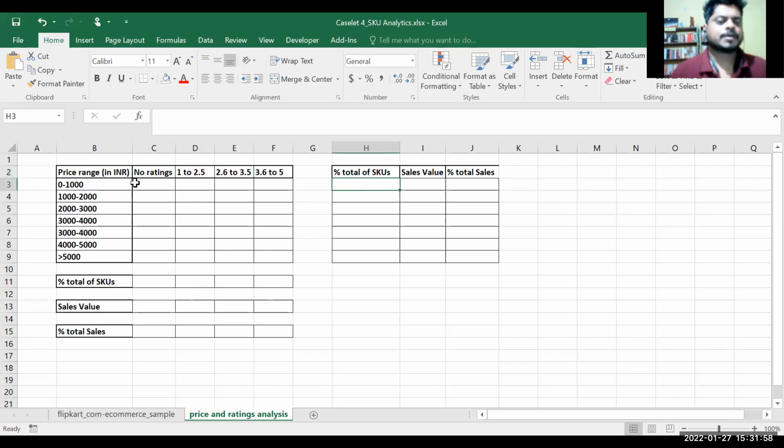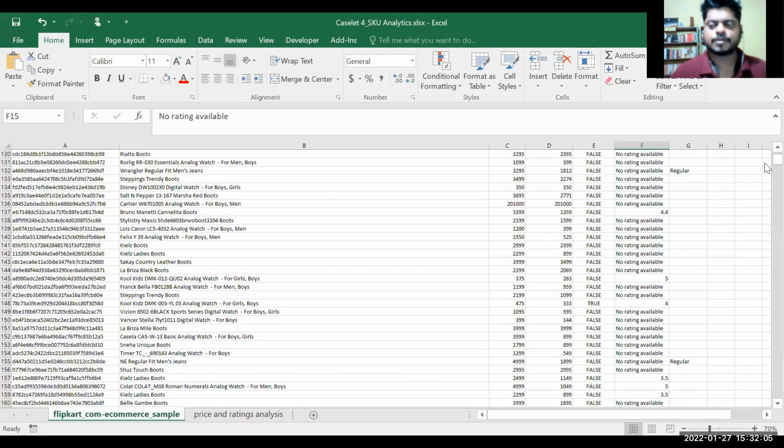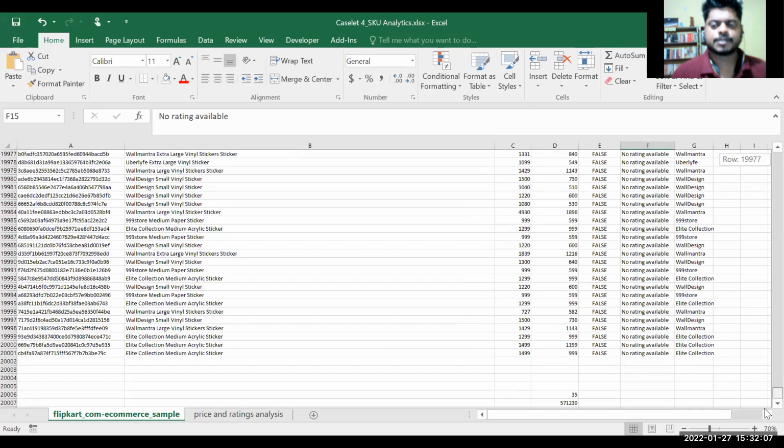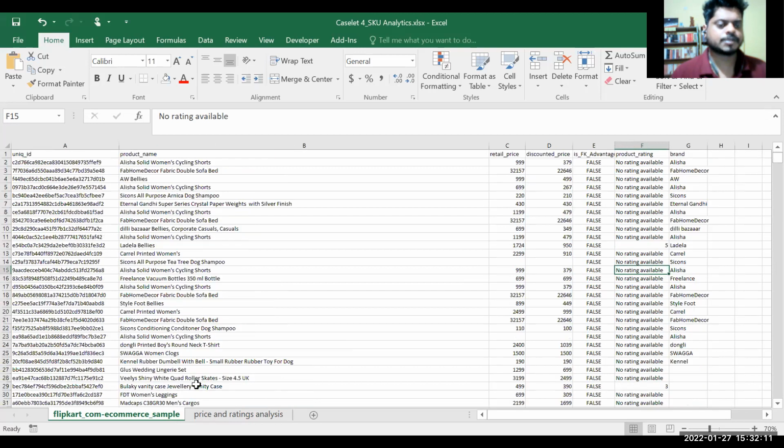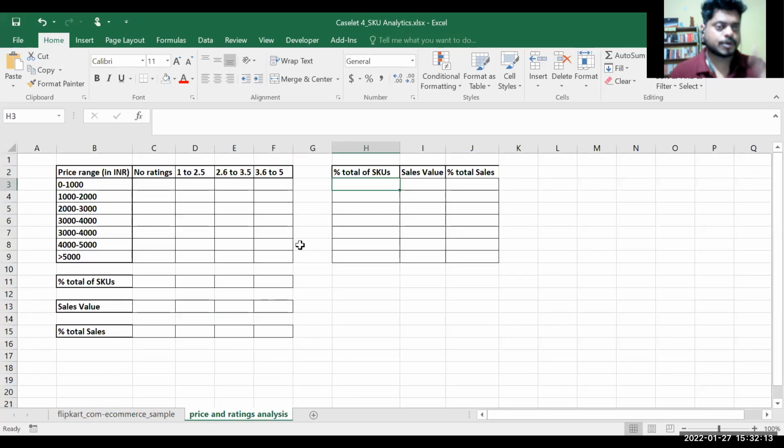Then here you can give how many SKUs there are. So if I go to the total number of SKUs, it is around 19,977 SKUs. Again, you have to look into the unique SKU number, right? It might get repeated also. How many total products or SKUs are there between 0 to 1000, and what is the percentage of it, right?